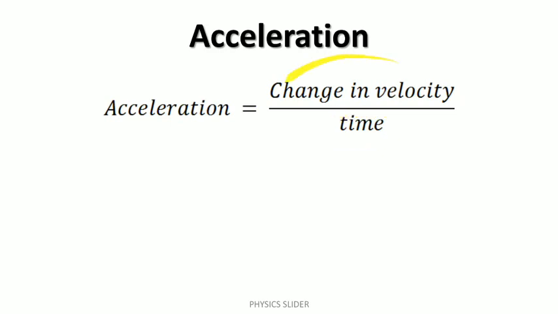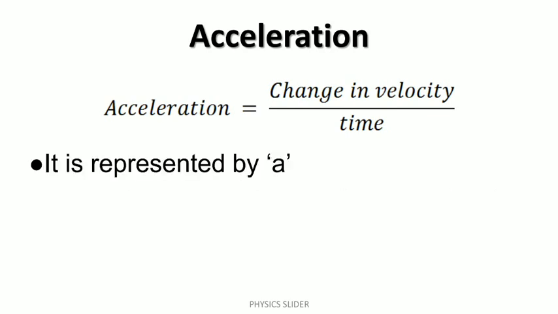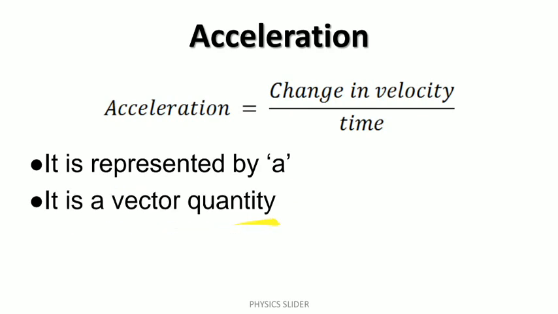So the change in velocity is divided by time, so we can say that this is the rate of change in velocity, which is equal to acceleration. So we will say that the rate of change in velocity of an object in motion is equal to the acceleration in the motion of that object. The acceleration is represented by a. It is a vector quantity and its unit is meter per second square.